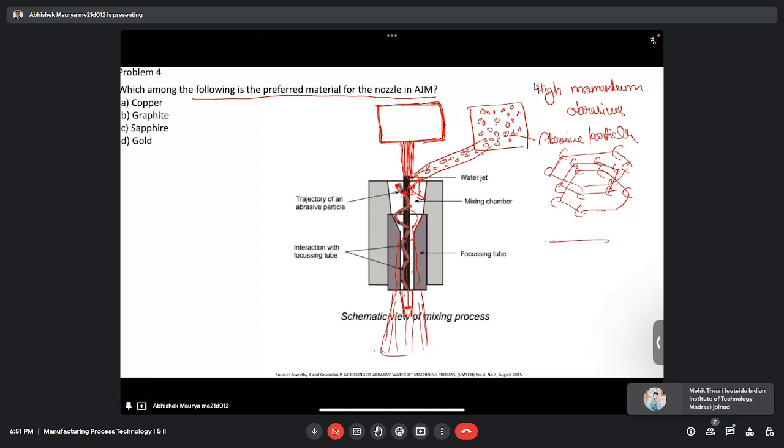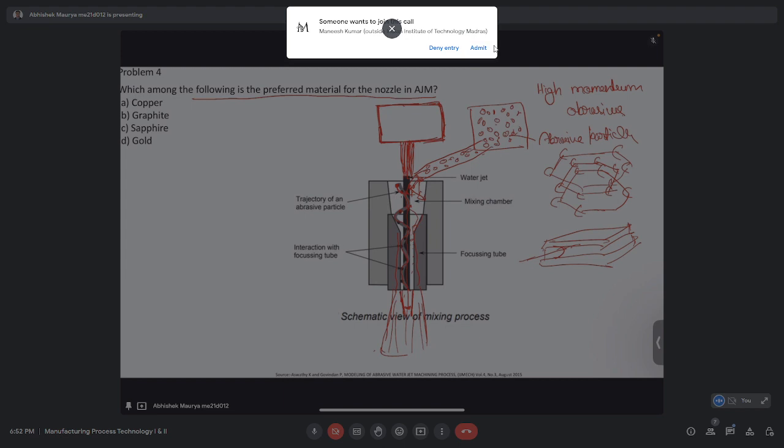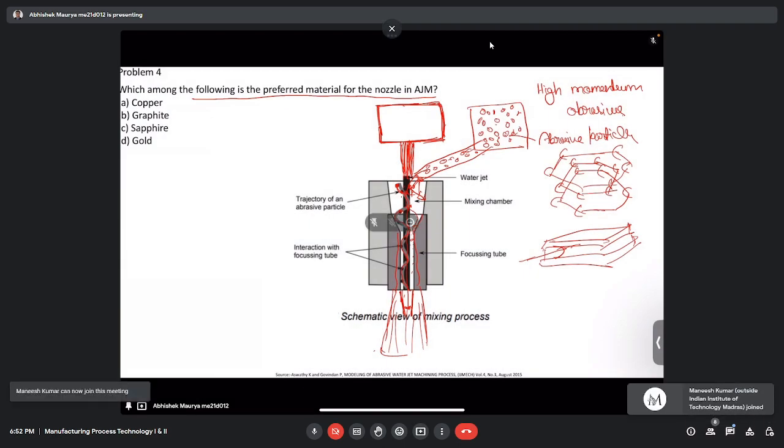Suppose we have cards stacked like that. We can easily slide them. If you put a little force on any of these cards, you can easily slide them and deform the material. If you can easily deform the material, then its hardness is very low.